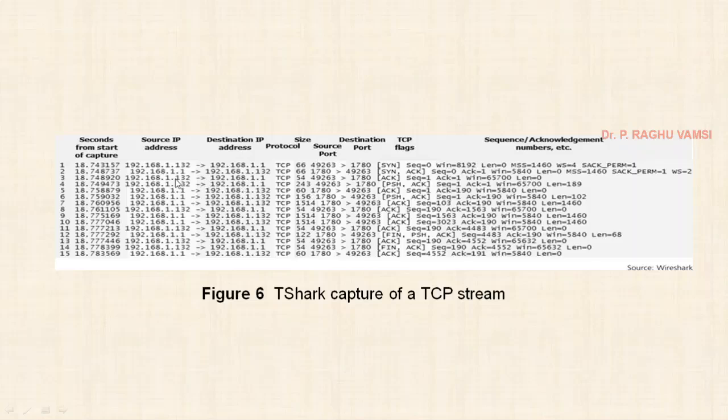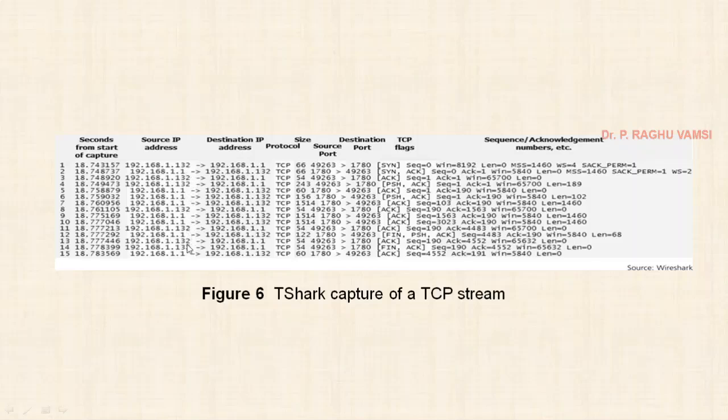Then 132 sends an acknowledgement to 1.1, the acknowledgement to the SYN ACK. And if you click on a trace, you can see the sequence number, the flags set, and other information for that trace.